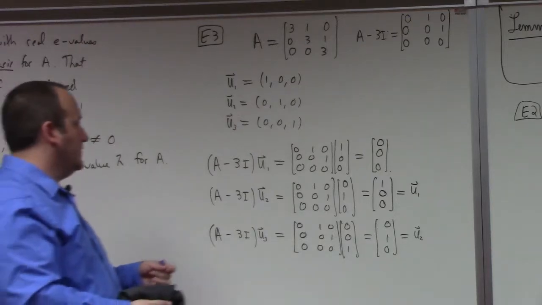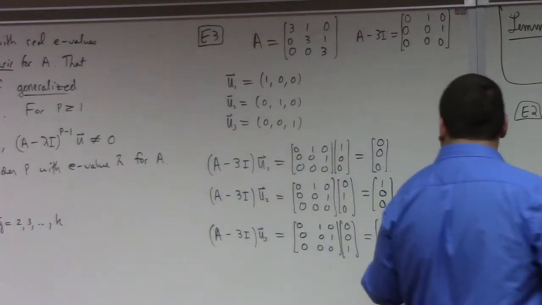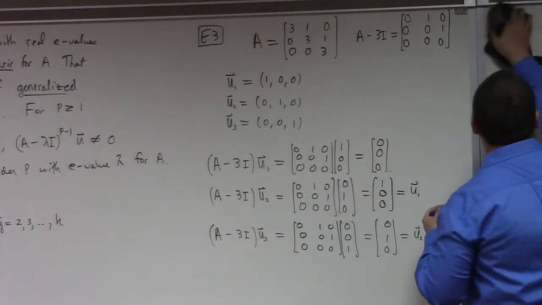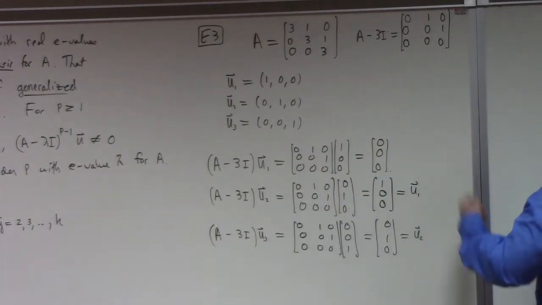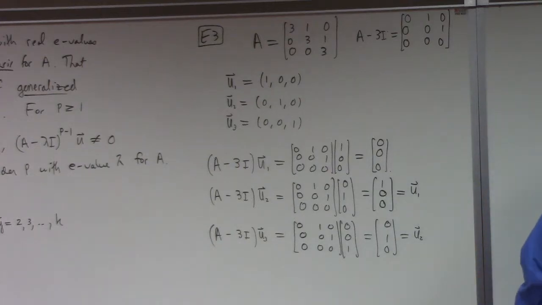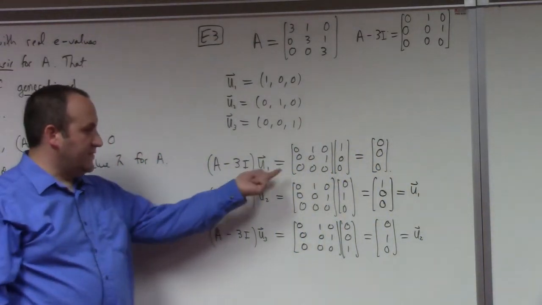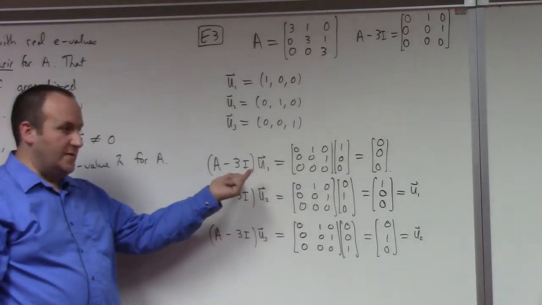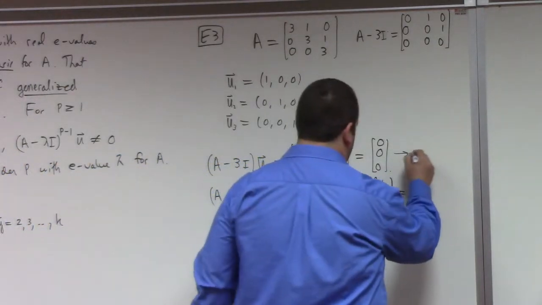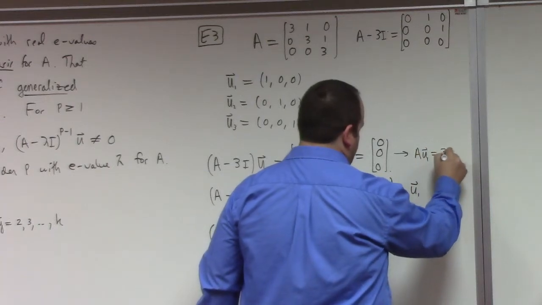So you guys tell me, what is U1, what is U2, what is U3 in terms of this definition I just wrote over there? First of all, what is U1? We have A minus 3I times U1 is equal to 0, which is entirely the same as saying that A times U1 is equal to 3U1.